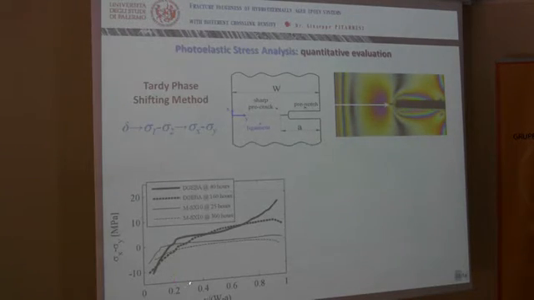You can see here the result of this Tardy phase shifting analysis, and you can see, for instance, the thick black curves for JEBA indicates that there is compression near the straight edge. Then the black fringe means the zero stress. And as we move near the crack tip, we have mainly traction stress.